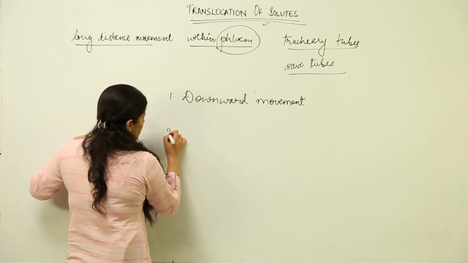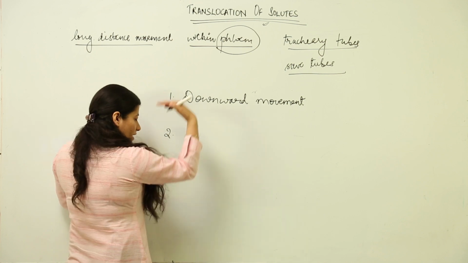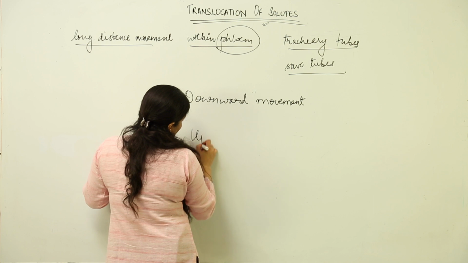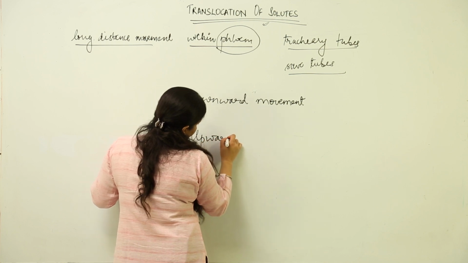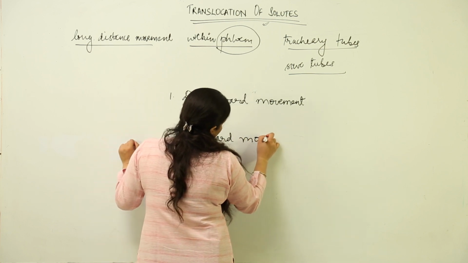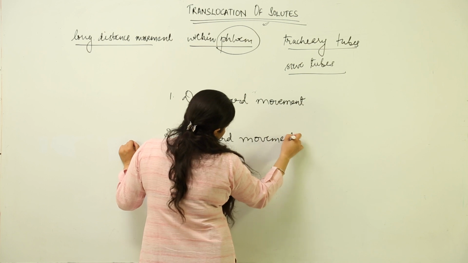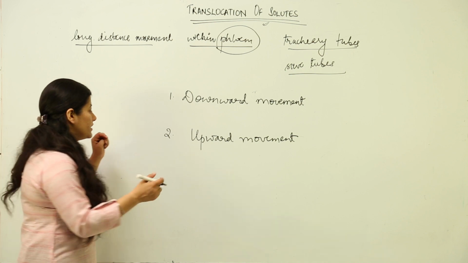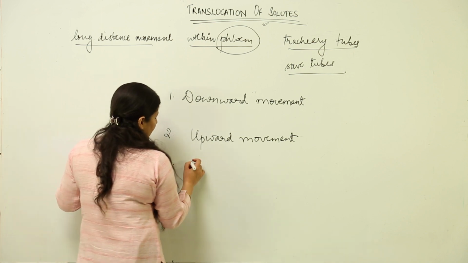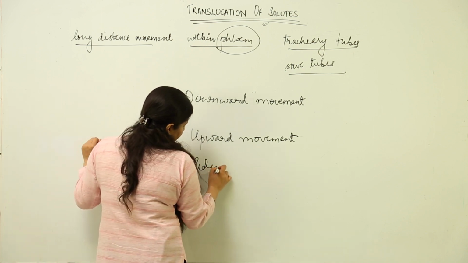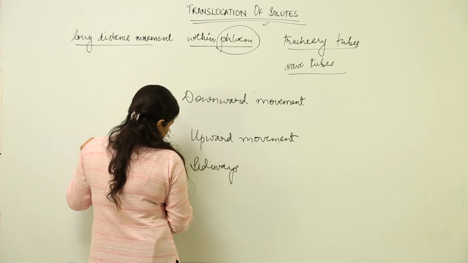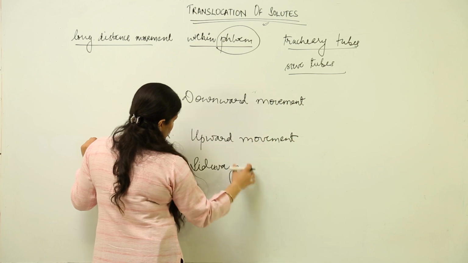At times the storage organ could be located below and the leaves would act as the sink, so that would be upward movement. In certain cases there is sideways movement, and in certain cases there is bidirectional movement. So we have primarily two movements.